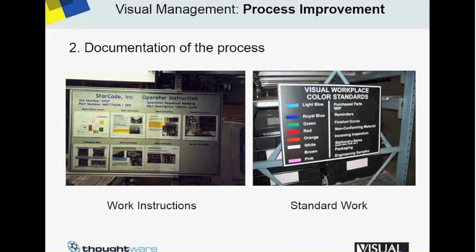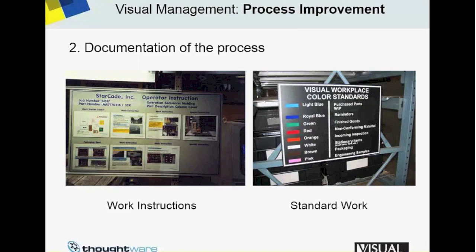Work instructions, for example, establish precise procedures for each employee's work. Standard work is established and displayed so as to reduce variability, to train new operators, and create a baseline for problem solving and improvement activities. And most important, to reduce injuries and strain.